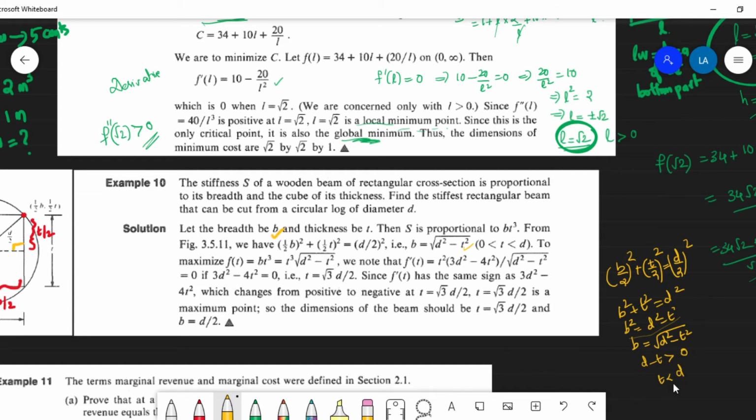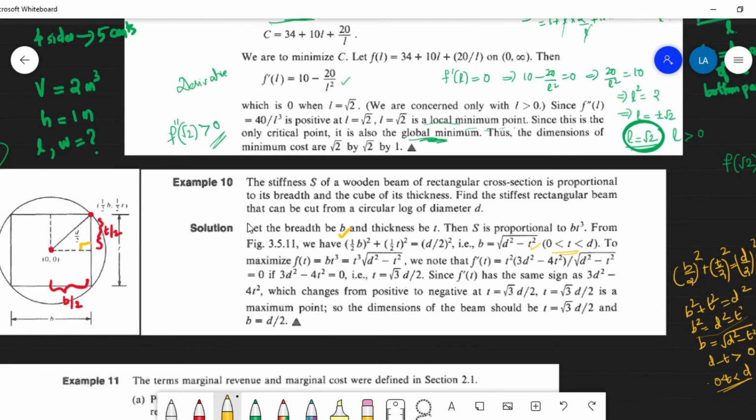T is strictly less than d, and definitely t will be strictly greater than 0. So that's how you get 0 less than t less than d. Now, to maximize, so this is actually the function you are going to talk about. We need the stiffness, right? This is not a function, this is one equation we get from the wooden beam being prepared from the circular log of diameter d, which is given.